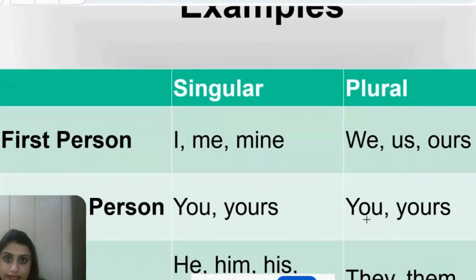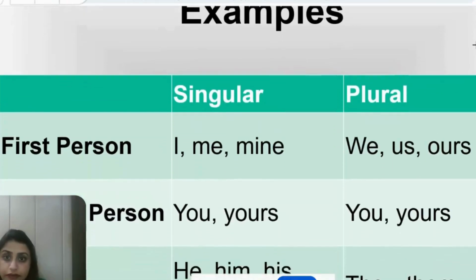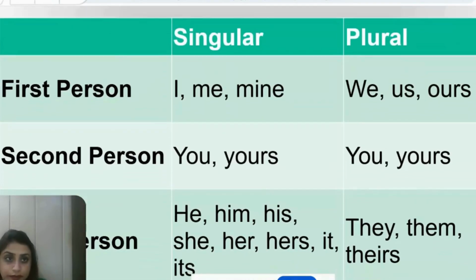Let's see some examples here. If you're talking about the first person, we are going to use I, me, mine. If we are talking about plurals, we are going to use we, us, ours for first person. Now let's talk about the second person.